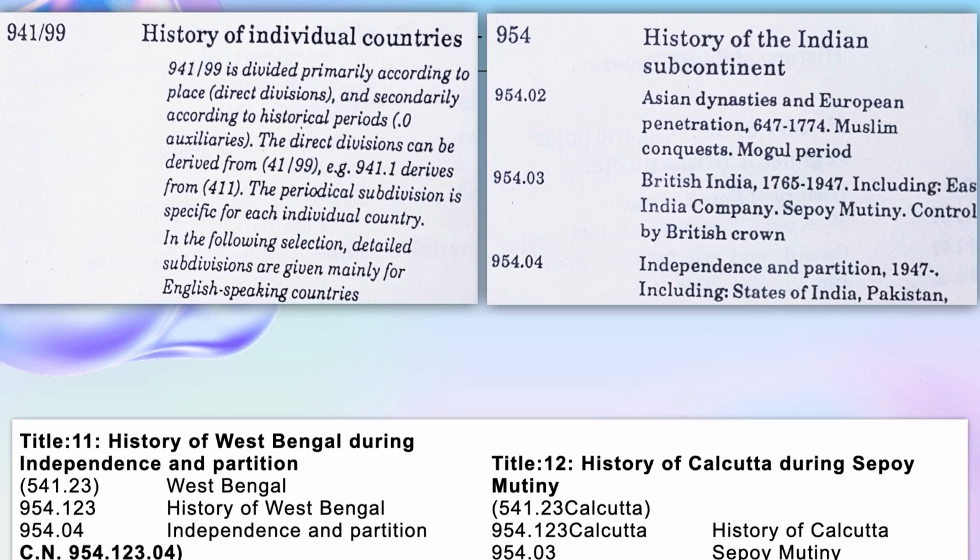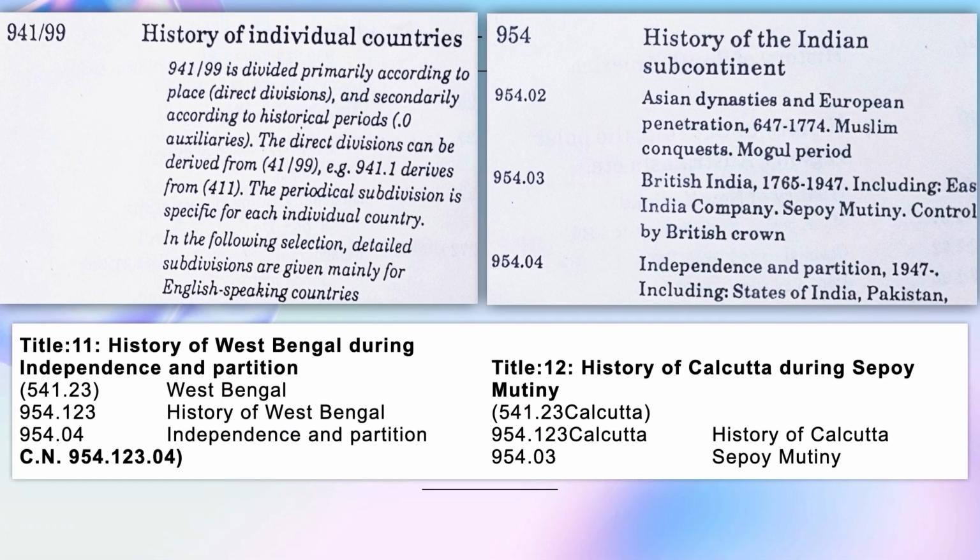You see the title 11, History of West Bengal during independence and partition. So you see within parenthesis 541.23 is West Bengal in place common auxiliary. So using this class number we can construct history of West Bengal, that is 954.123, that is history of West Bengal.